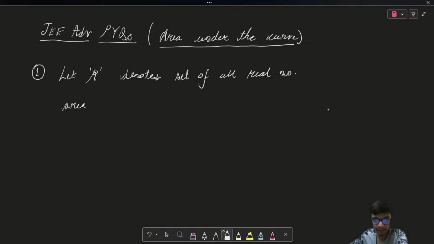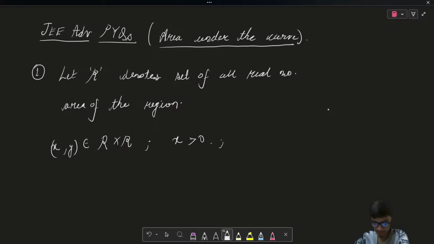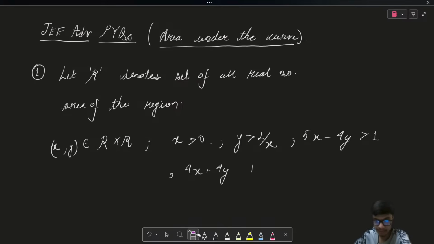Then you have to find the area of the region given as (x, y) belonging to R cross R, such that x is greater than 0, y is greater than or equal to 1 upon x, 5x minus 4y is greater than or equal to 1, and the last condition is 4x plus 4y is less than or equal to 17.